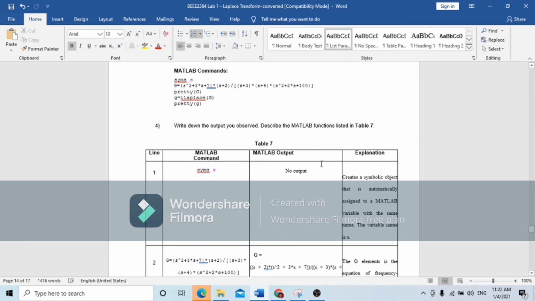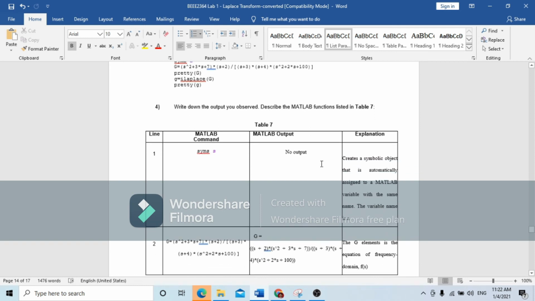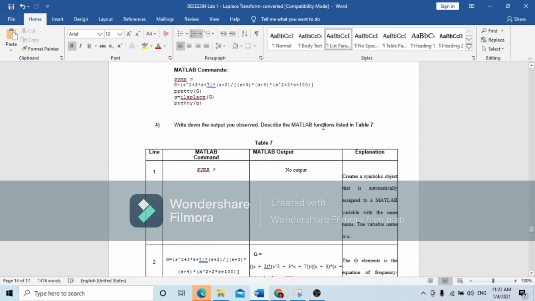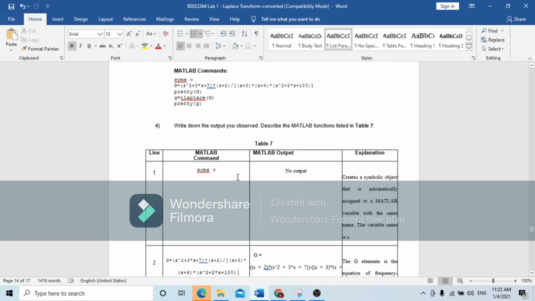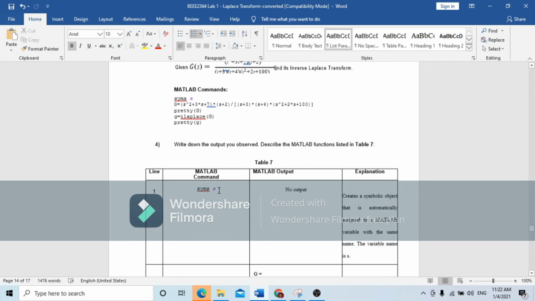The command is the same as the Laplace above, but this is the inverse, which converts from frequency domain to the time domain.